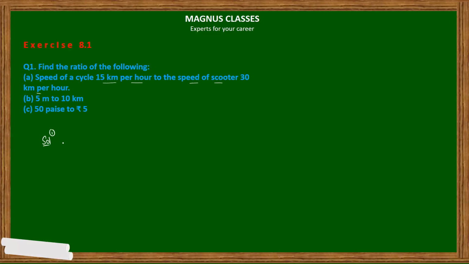Solution 1, part A. In the numerator, we have to keep the speed of the cycle, divided by the speed of the scooter.